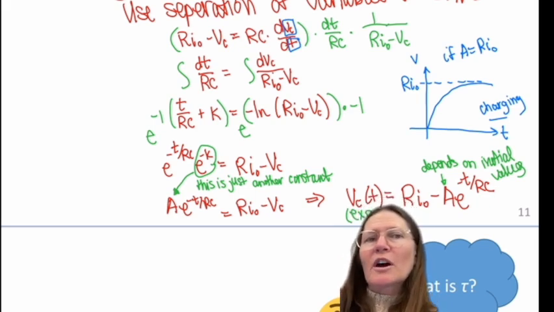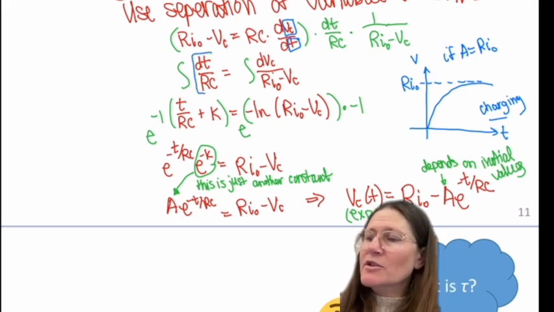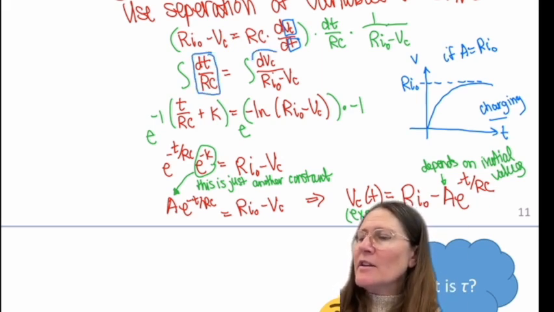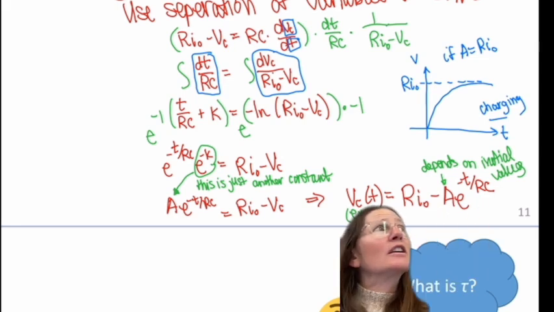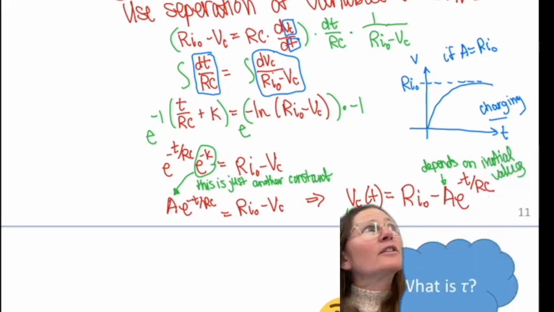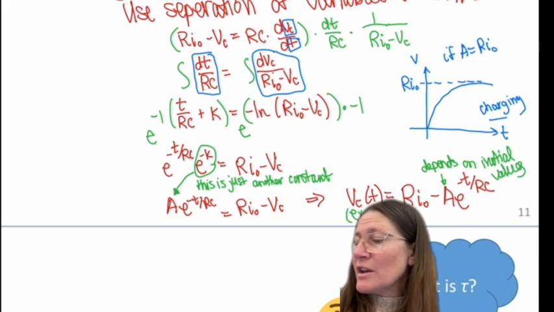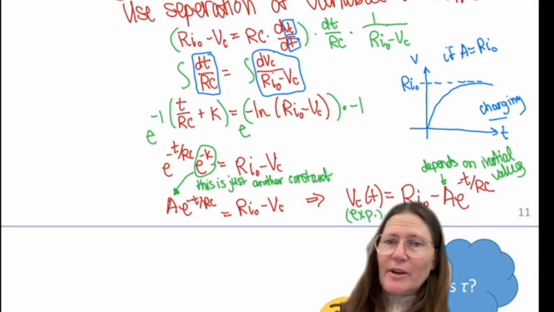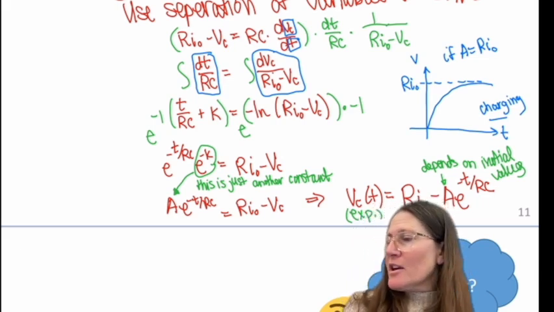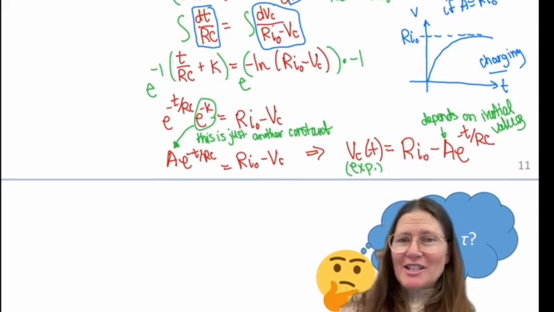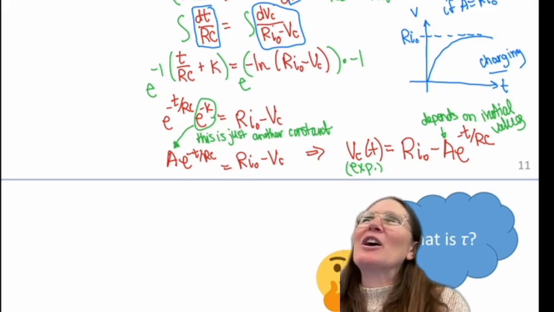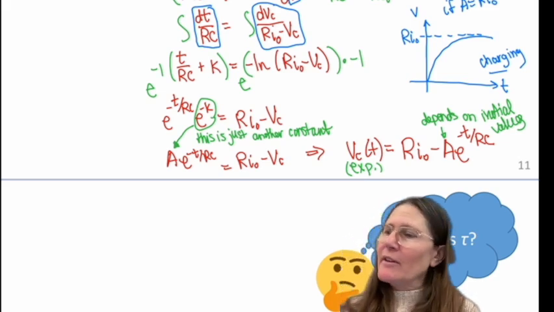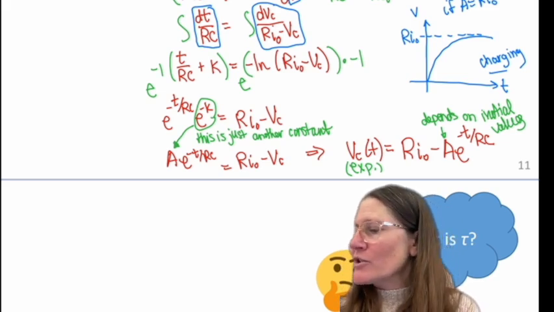Putting all the time on one side, and then combining all the VC on the other side, you can then integrate and solve this to find the form of this particular circuit. If you have interest in that, and you're far enough in math to understand it, feel free to go watch that video. Otherwise, what we're going to use from this is the end result of a generic form.